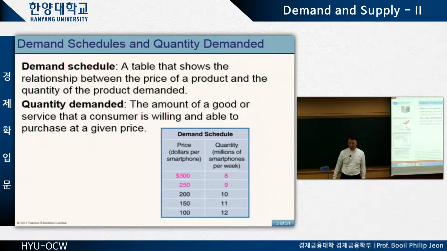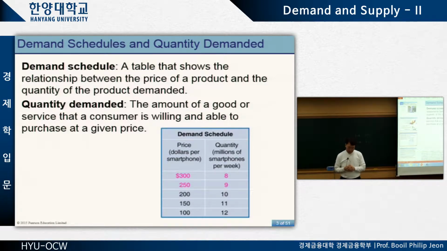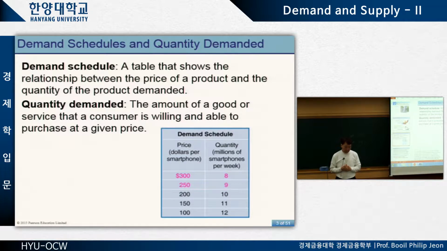Based on our experience, as a result of data collection, we know if they charge $300 per smartphone, there would be 8 million smartphones demanded, or in other words, sold in the market.